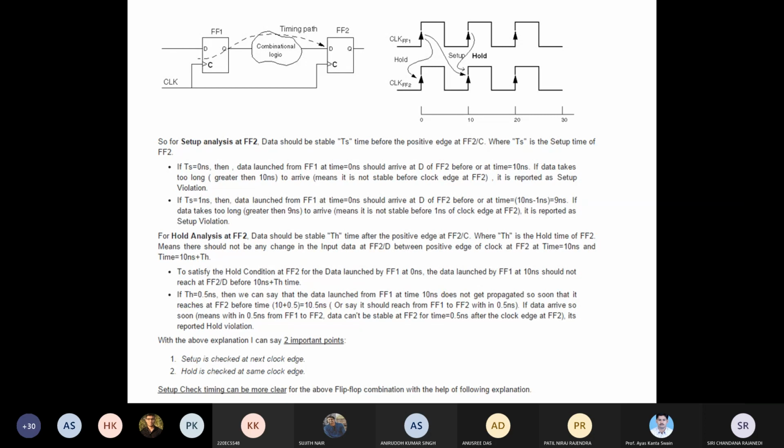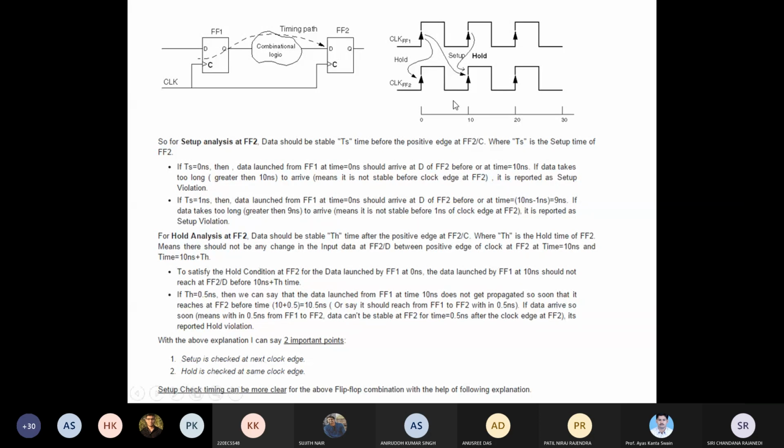Are you getting? With the above explanation, we can say two important points. One is setup is checked at the next clock edge. Similarly, hold is checked at the same clock edge. Why? Because when the data comes here at FF2, we are checking that after latching, it should be held the same or stable for a certain period.